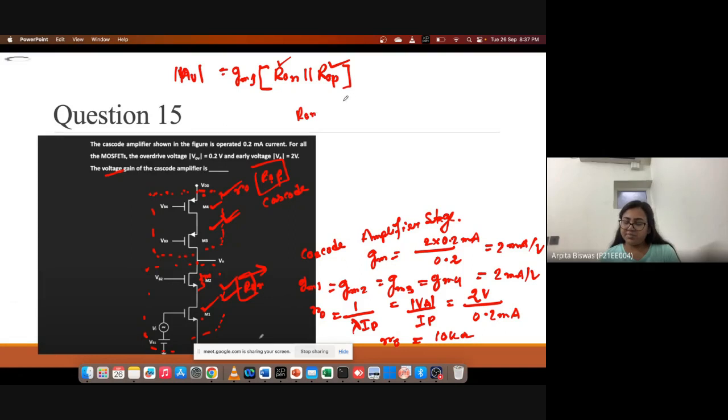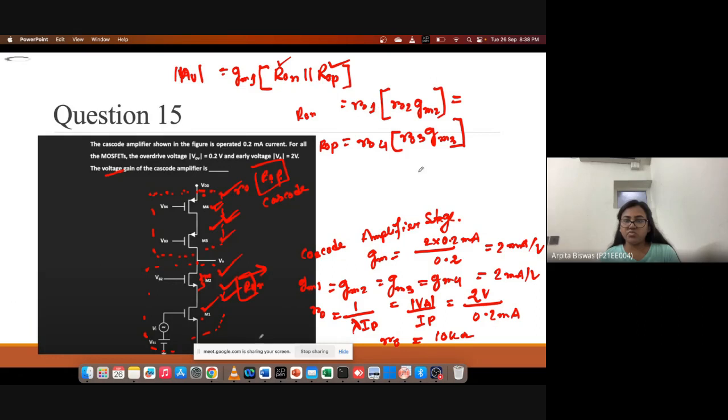So R naught N is equal to R01 times R02 times gm2, and R naught P is equal to R04 times R03 times gm3.